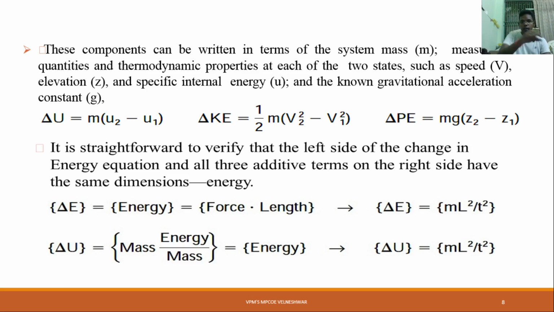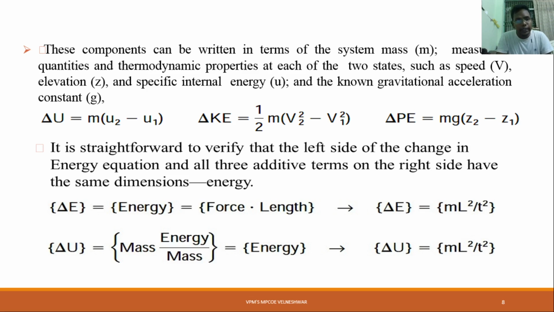Next, elevation means for suppose arch and arrow is there. If he is stretching and releasing the arrow, immediately means what? It will follow some line and go through it like that. Okay, and internal energy, that also we have to consider, and gravitational acceleration constant. Obviously g value is constant in all.